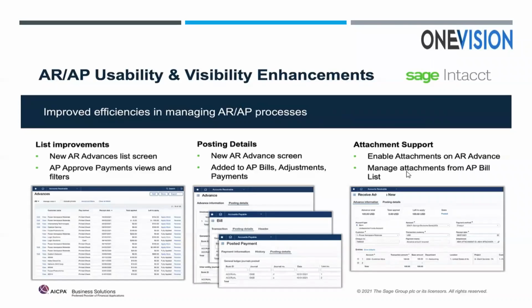Posting details can now be reviewed in the new AR Advances screen and on the AP Bills, AP Adjustments, and AP Payment screens, eliminating the need to run reports for posting information. Finally, attachments have been enabled on the AR Advances screen, and you can now manage attachments from the AP Bill List screen.